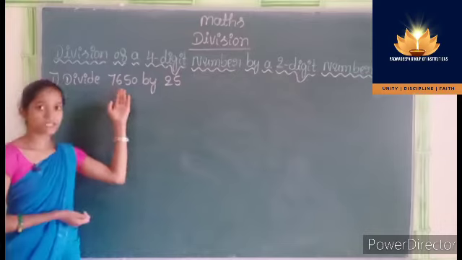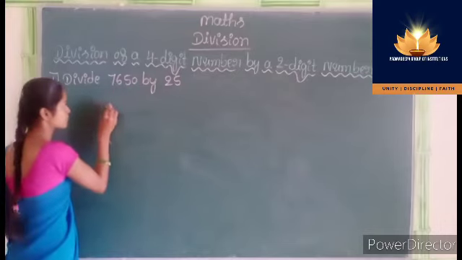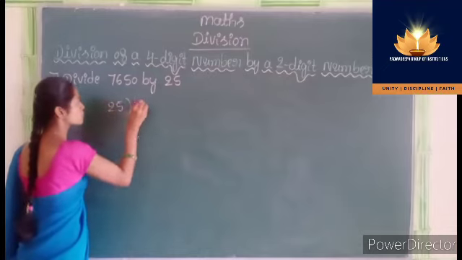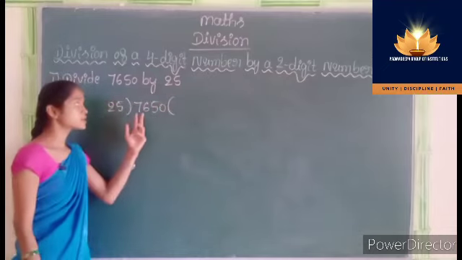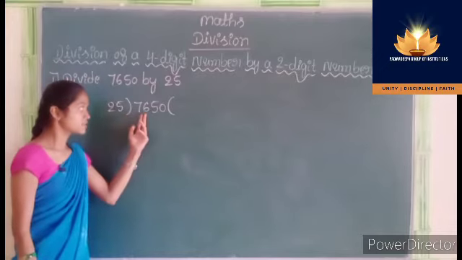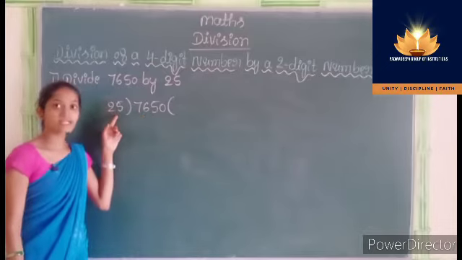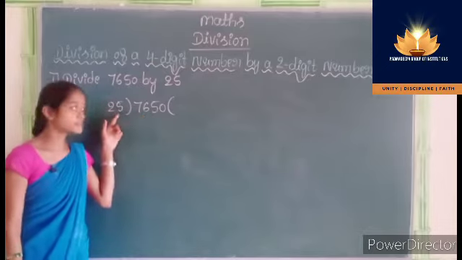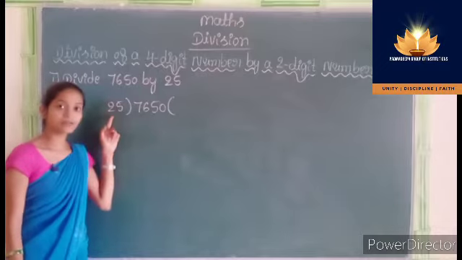Divide 7650 by 25. Consider the two leftmost digits of the dividend, that is 76. Compare this 76 to this 25. 76 is greater than 25. So we can divide 76 by 25.